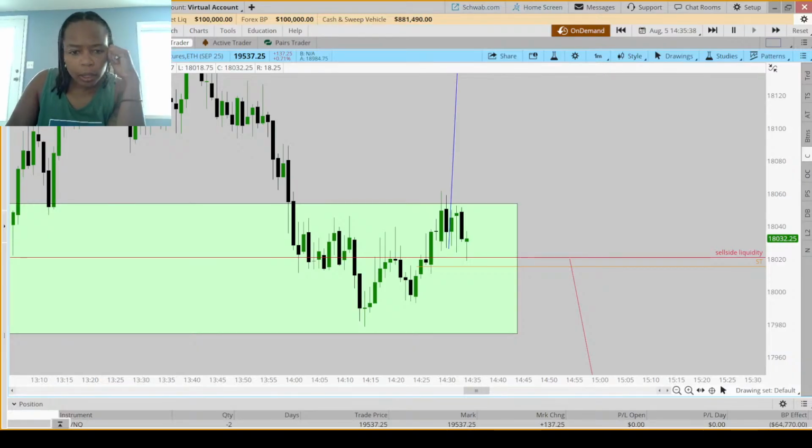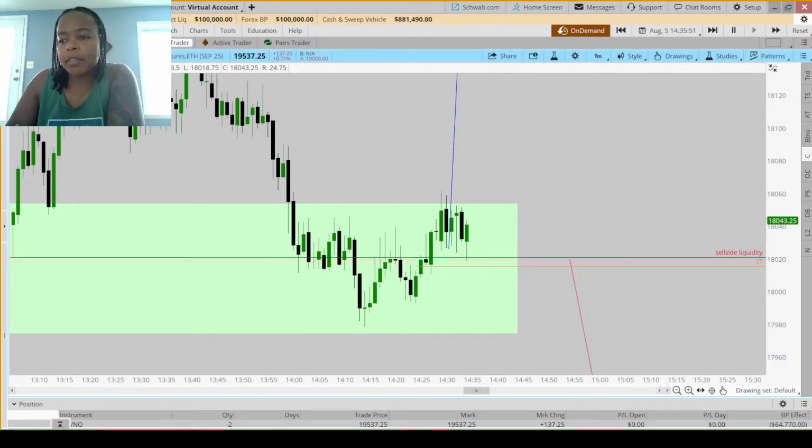So I'm just checking here, because my stop would be 37 ticks from my entry. So I just want to make sure I've put it in the right place for you guys.